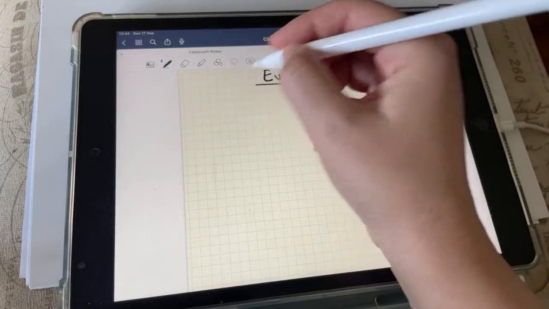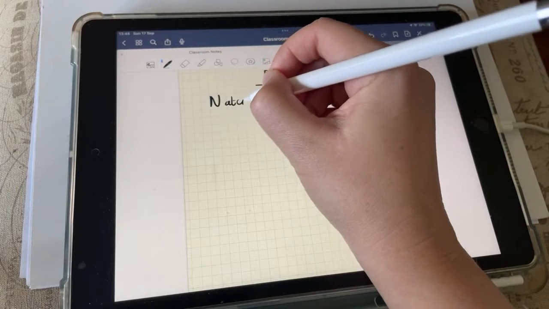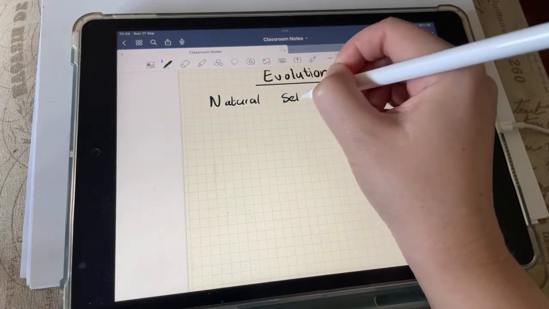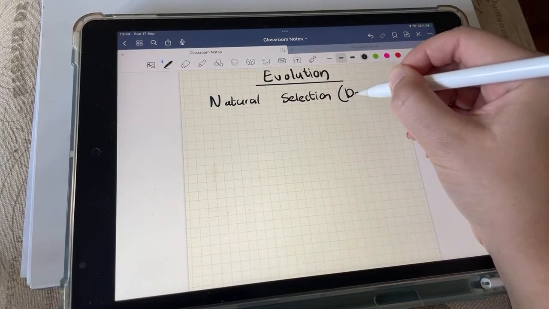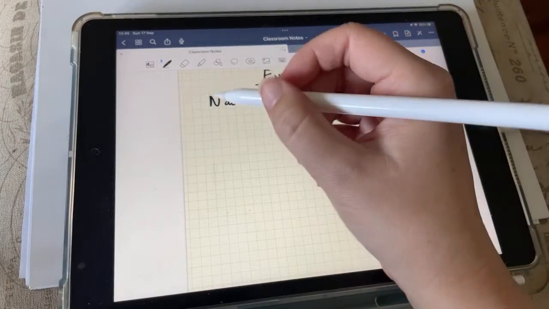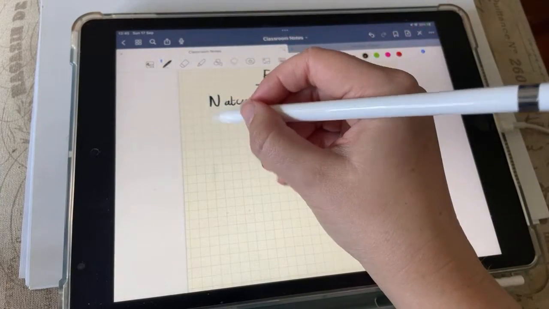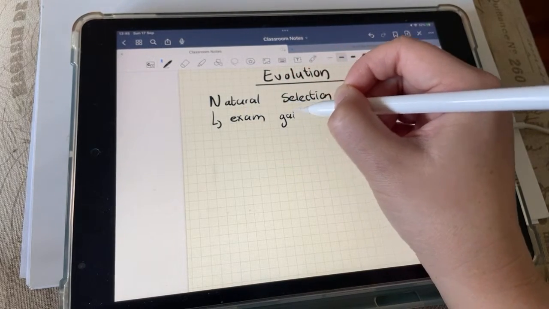Okay, evolution. Here we go. So we have something called natural selection, which is also known as Darwinism. And natural selection is that whole explanation that you should be taking out of your exam guideline, everyone.